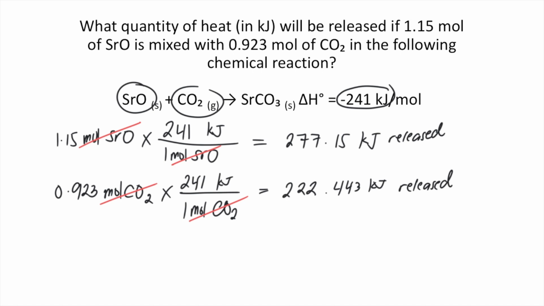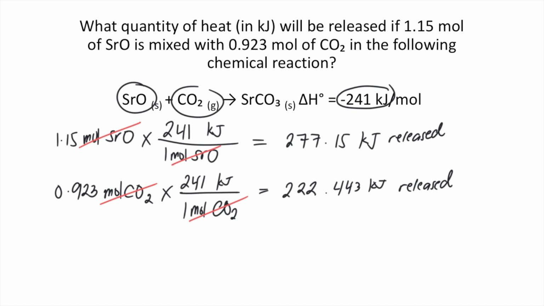So as you can see, 1.15 moles of SrO produces 277.15 kilojoules, and 0.923 moles of CO2 produced 222.443 kilojoules. So which one is the limiting reactant? Remember, the limiting reactant is the reactant that produces the smaller amount of product.